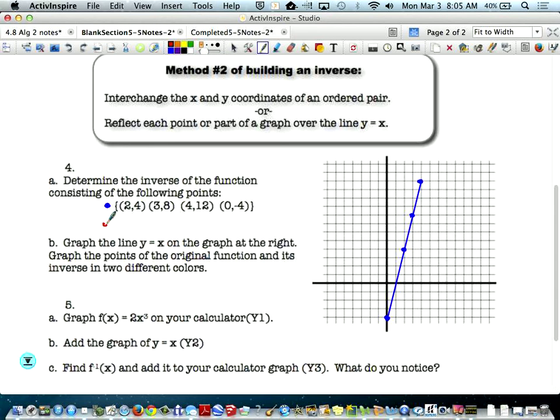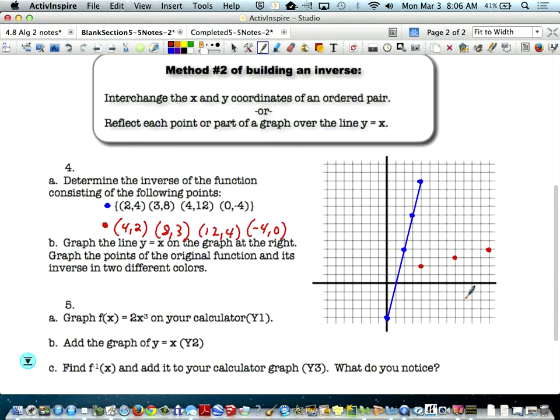Now I'm going to look at the inverse. So these will be red dots. So all I'm doing is flip-flopping the x's and y's. The x's become y's, y's become x's. And we graph them now 4, 2. 8, 3. 12, 4.